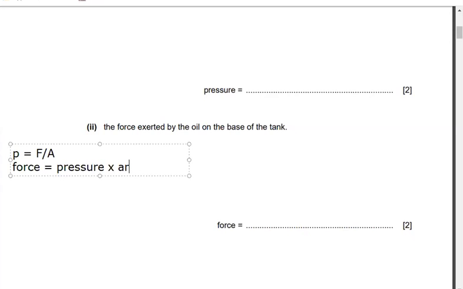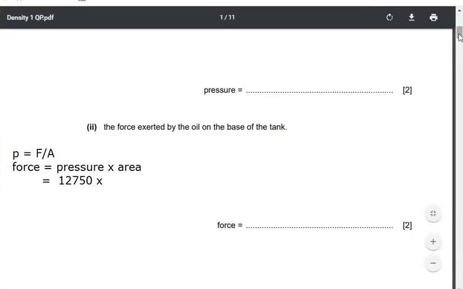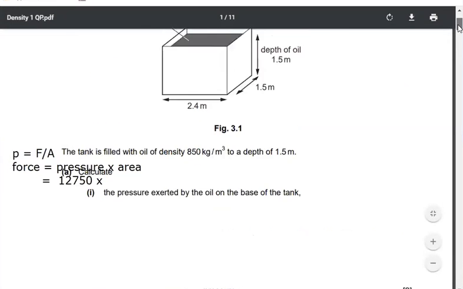I already have the pressure, which you calculated in the previous question, somewhere around 12750. But what about the area? The area of the base. If I want to find the area of the base, I will have to look at the question once again.